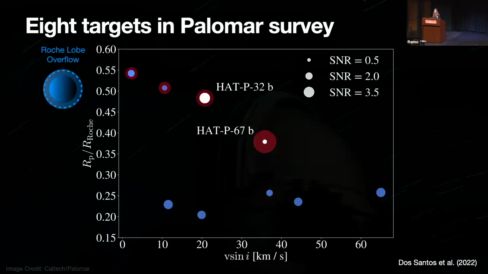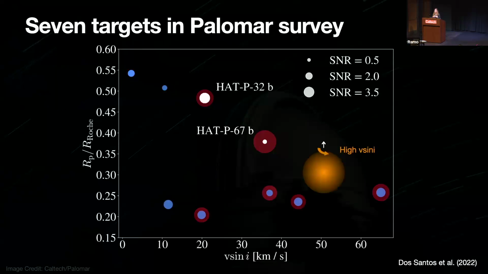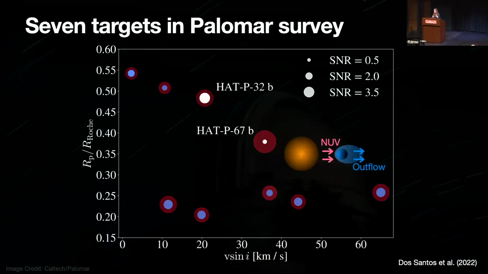If other factors like high stellar rotational velocity are what is driving the large outflows here, well, then we'd expect other gas giants orbiting similarly fast rotating F-stars to also have inflated outflows. And lastly, if there's some other energy source that we don't yet understand that's a property of these F-stars, well, then we'd expect across the board to have large inflated outflows, if that's a property that's intrinsic to F-stars and the gas giants that orbit them.